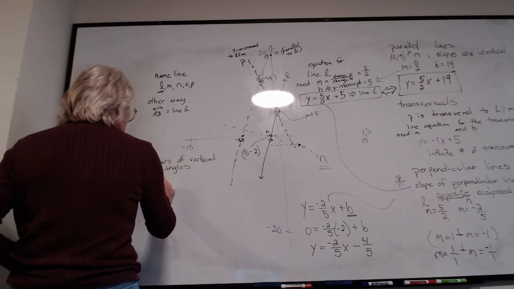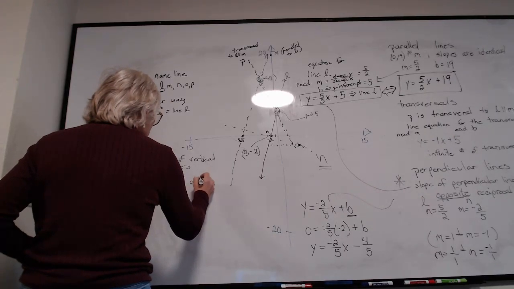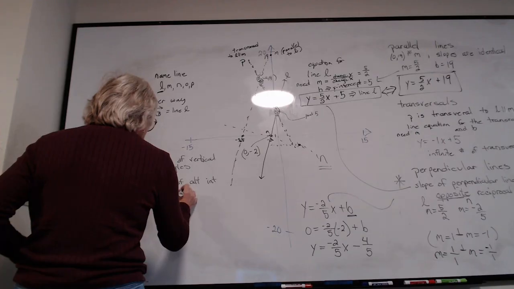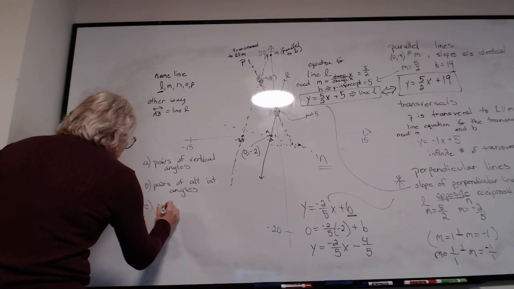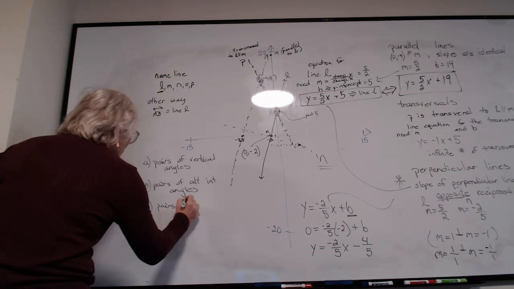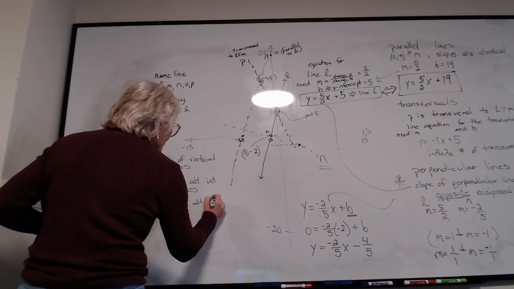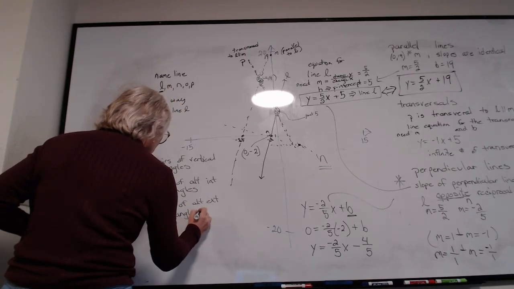B, pairs of alternate interior angles. C, pairs of alternate exterior angles. How many pairs of interior? I don't know, you'll have to find out.